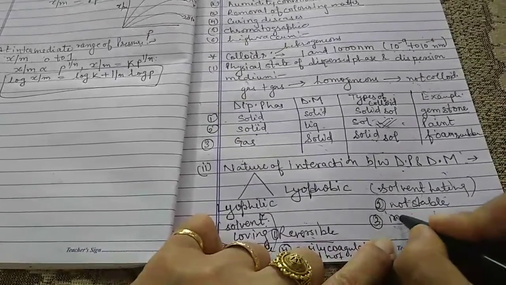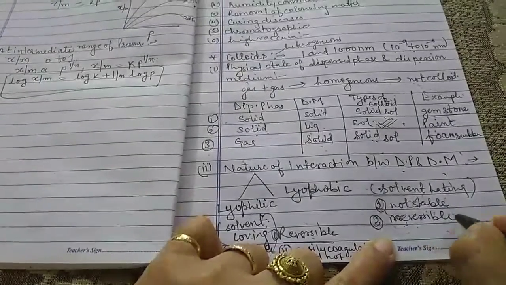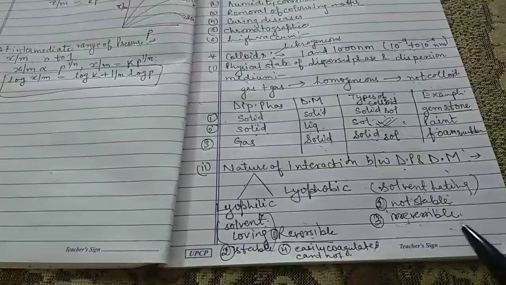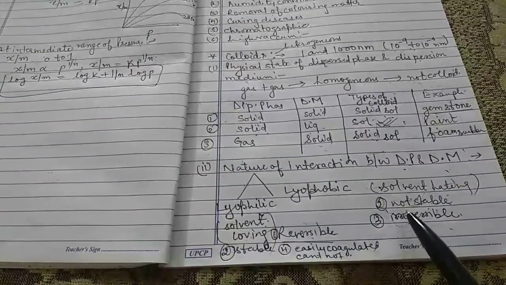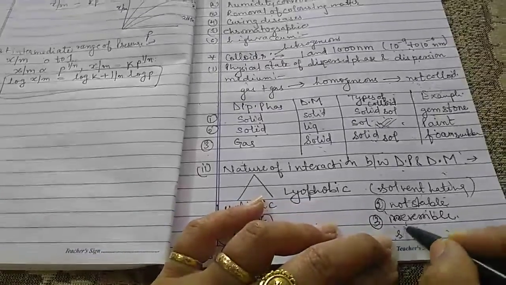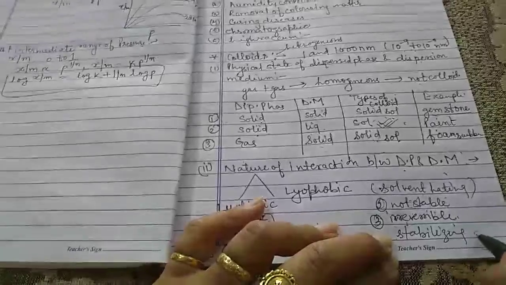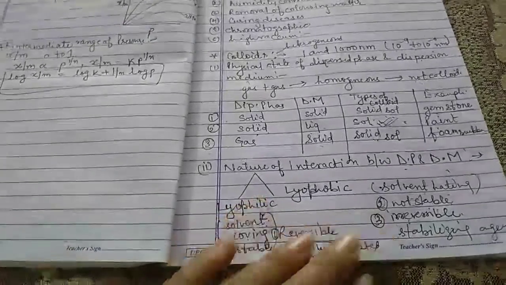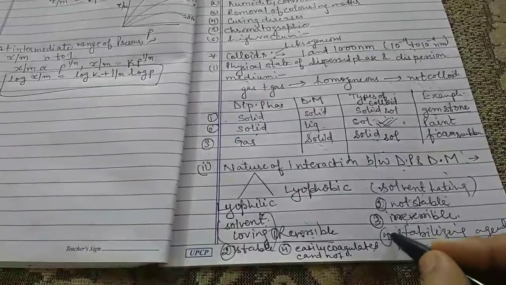The third property is that they are irreversible. And lyophobic sols need a stabilizing agent for their preservation. If we want to stabilize or preserve them, they need a stabilizing agent.